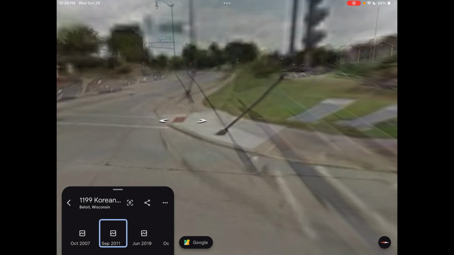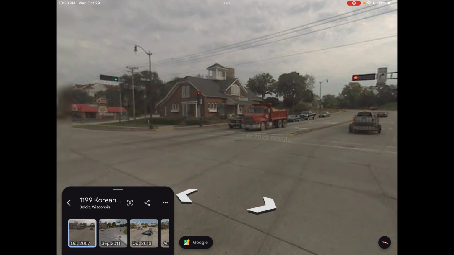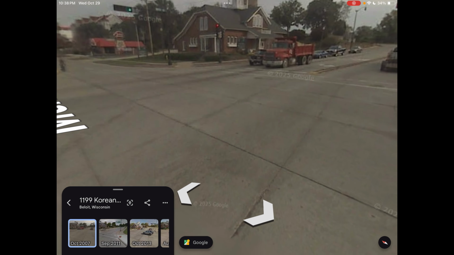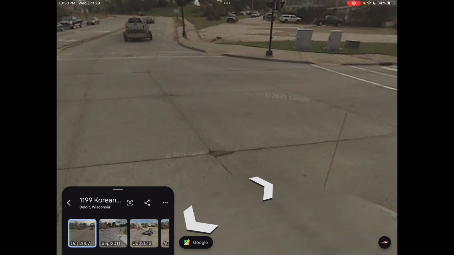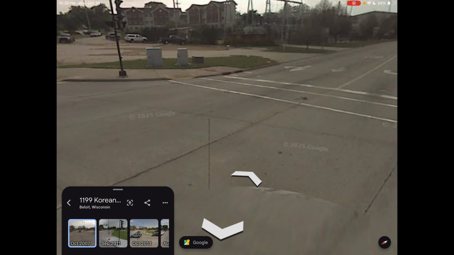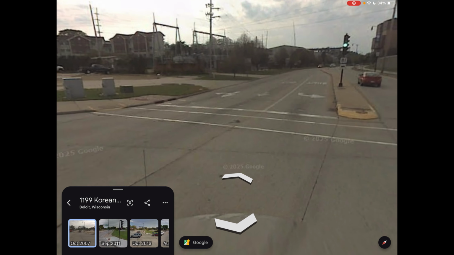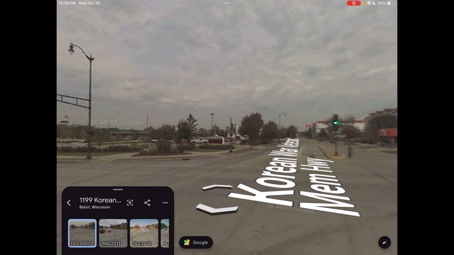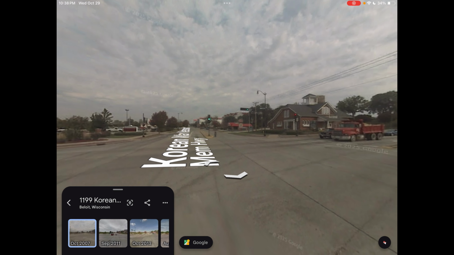I should remember this off the top of my head, but I'm goofy. Okay, let me calm down. All right, this is the intersection of Pleasant, Portland, and Riverside Boulevard. Yay. All right.